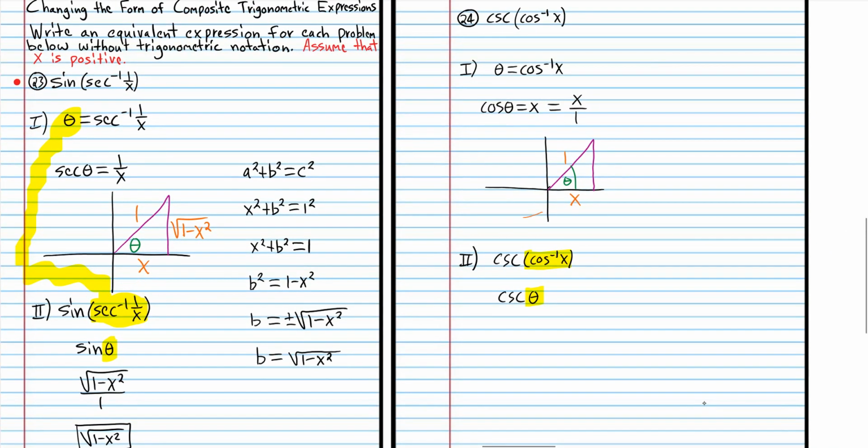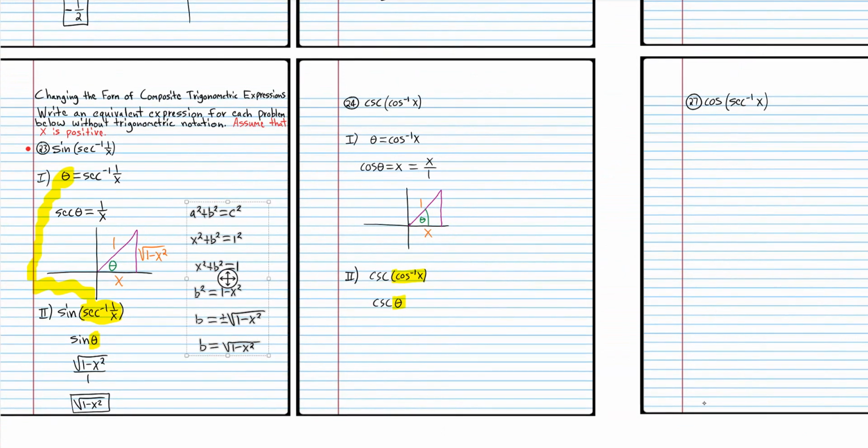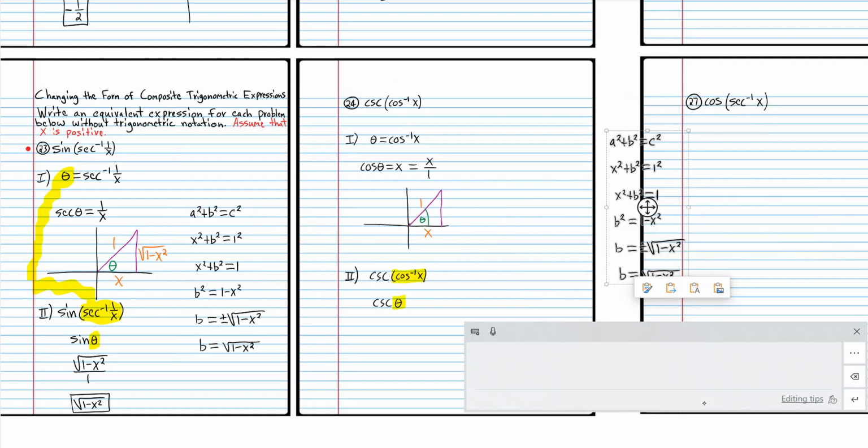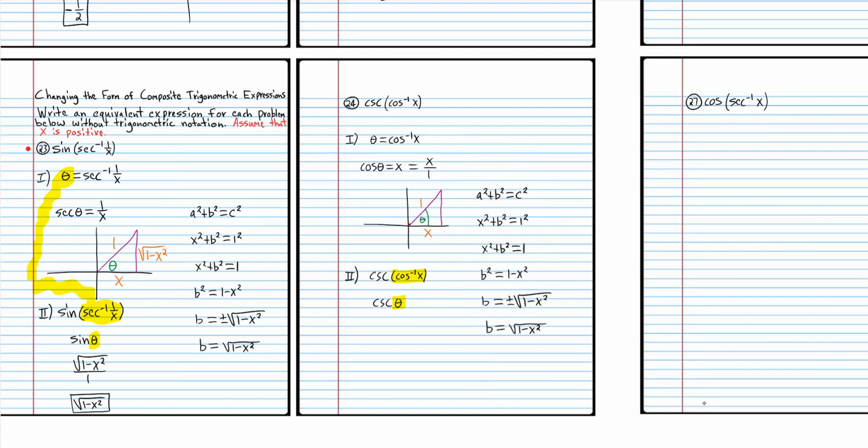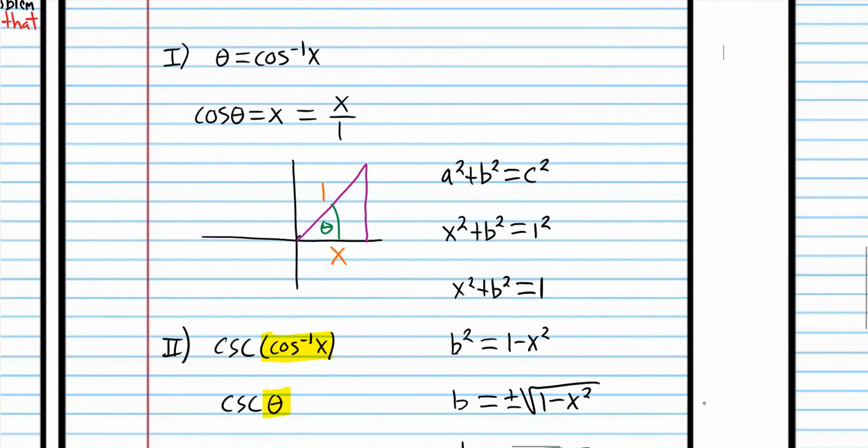But we did this math over here. We can just copy that. It turns out it's going to be the same math in this particular problem. That's not always going to be the case. But it's the same math, so we can copy that. And we see that the missing side must be root 1 minus x squared.